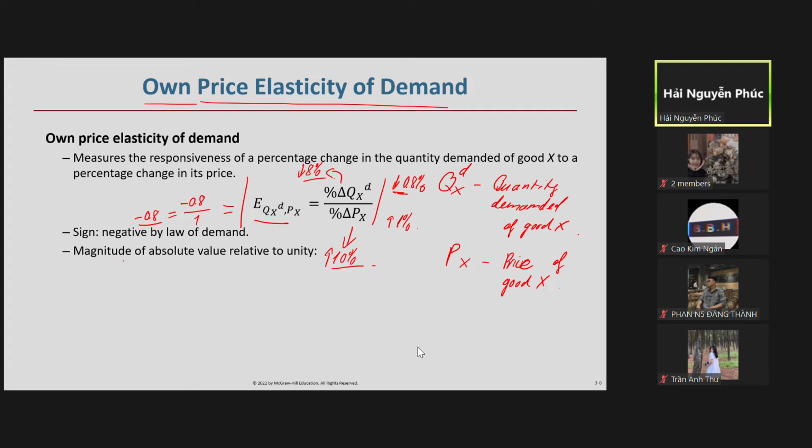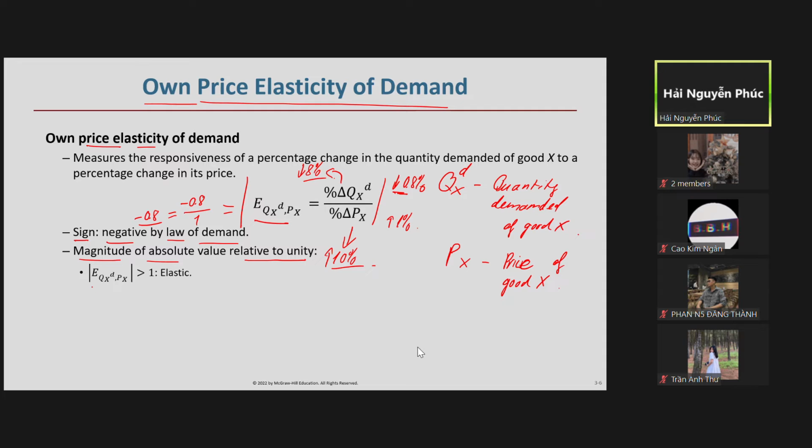So pay attention to the fact that we expect the sign of the price elasticity of demand to be negative, following the law of demand. Talking about the magnitude, we are going to compare the absolute value relative to 1, and we have the following situation.